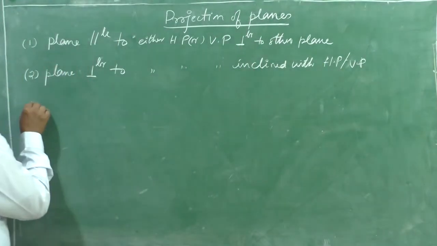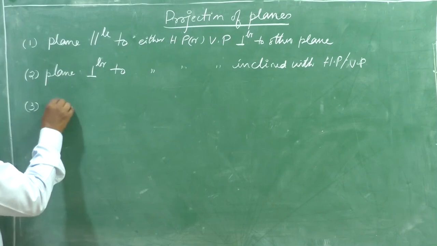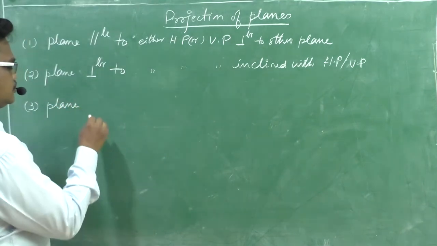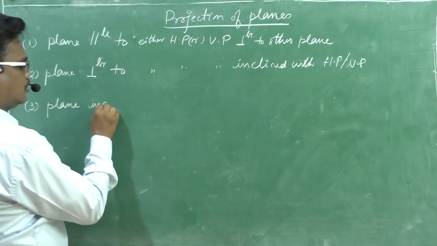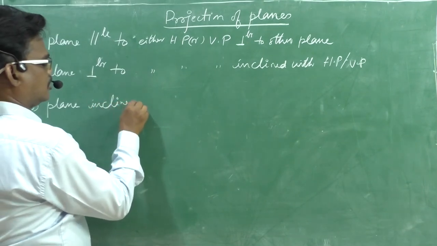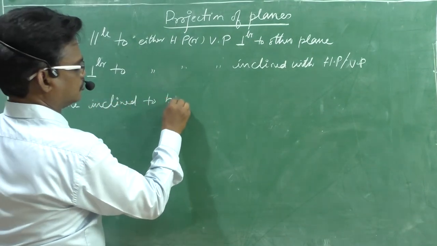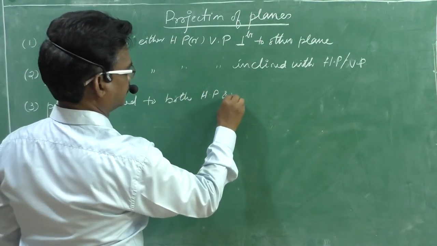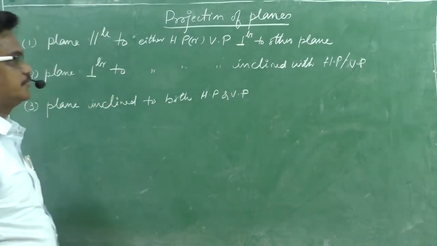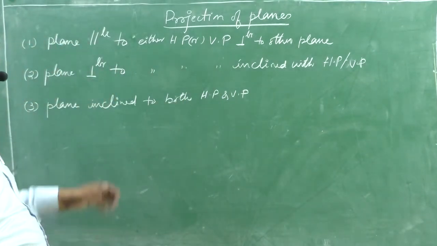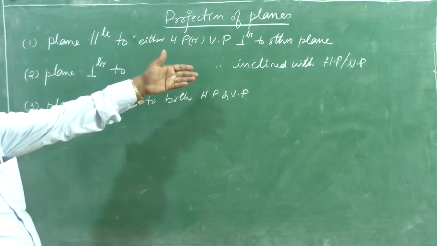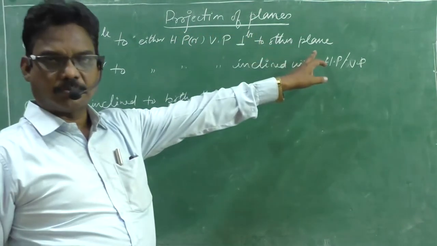The third case is plane inclined to both the HP and VP. Now you can see, first one is plane parallel to HP or VP and perpendicular to other plane.